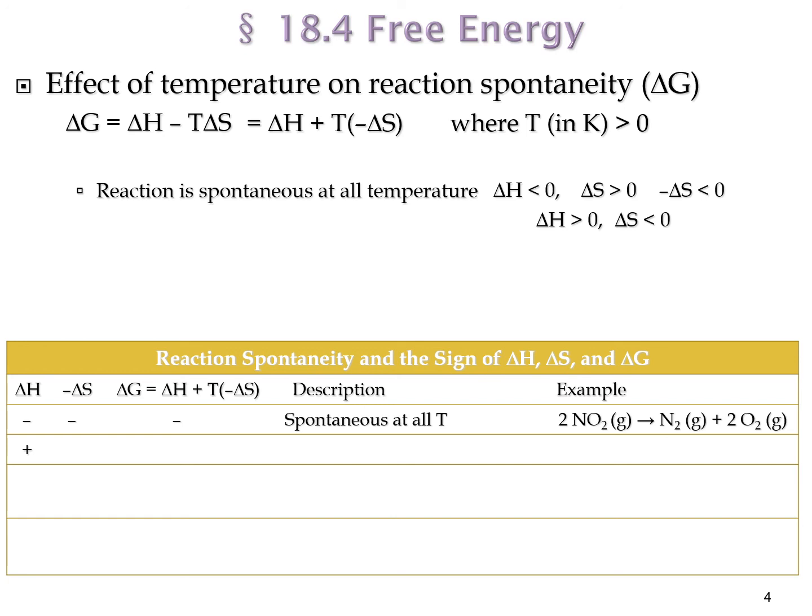Of course, let's see how our math tells us. If delta S is less than 0, negative T delta S must be positive. Negative T delta S is positive, multiplied by T which is positive, still positive. If delta H is positive, delta G is always positive.